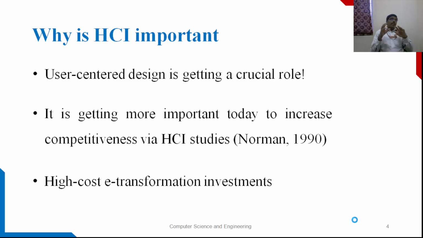There is high cost transformative investment, and also loss of time with badly designed products and services. Users even give up using a bad interface, and resources are allocated ineffectively.